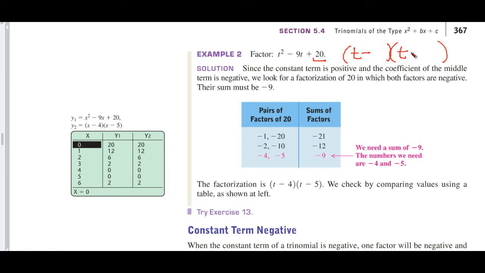So we know both of these are going to be negative in order to get a positive. Well, you can go 1 times 20, 2 times 10, 4 times 5, and you might say, wait a minute, 4 times 5, when we add them up, that adds up to 9, so we've hit on it. And then how do you check it? You check it by FOIL, and there's your factorization.